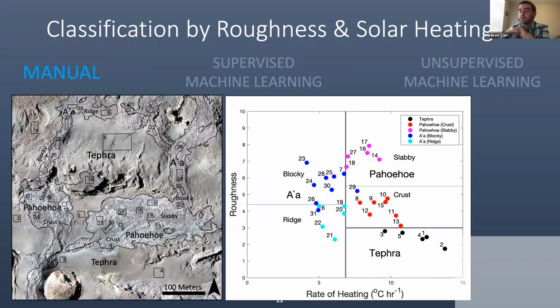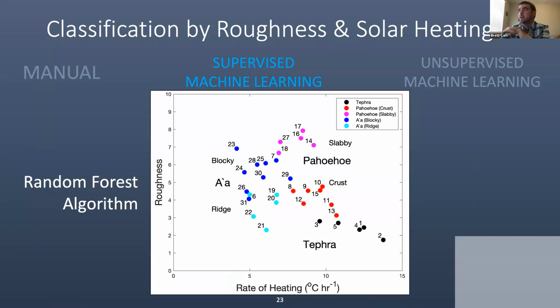These regions were also used as the training data set for the supervised machine learning, where we used a random forest algorithm. Basically, this random forest algorithm uses these region average values and assigns a classification to every pixel based on its similarity to clusters defined by these different areas.